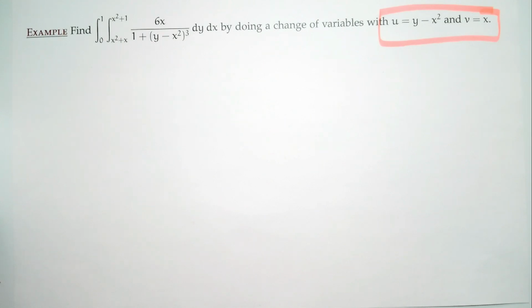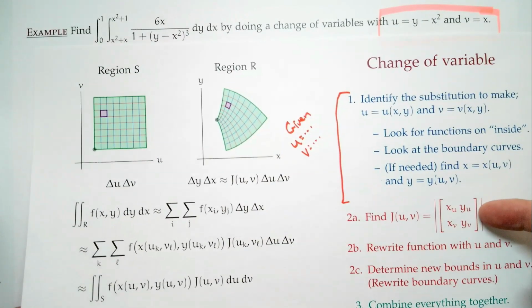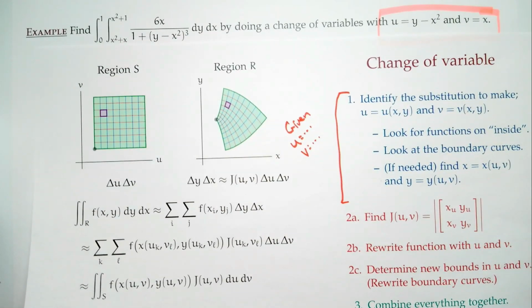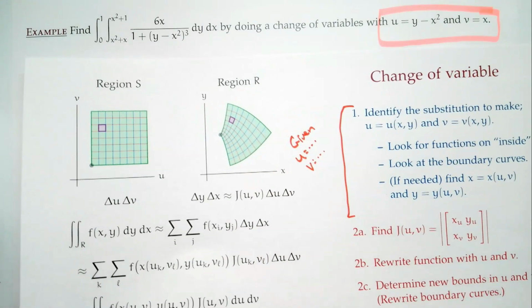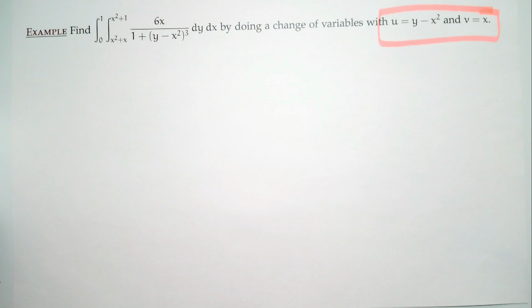All right. So now we have our choices. Do you want to do the Jacobian, rewrite the function, or determine the new bounds? Which one do you want to do first? Jacobian? All right. Let's do our Jacobian. So, how do we find our Jacobian?